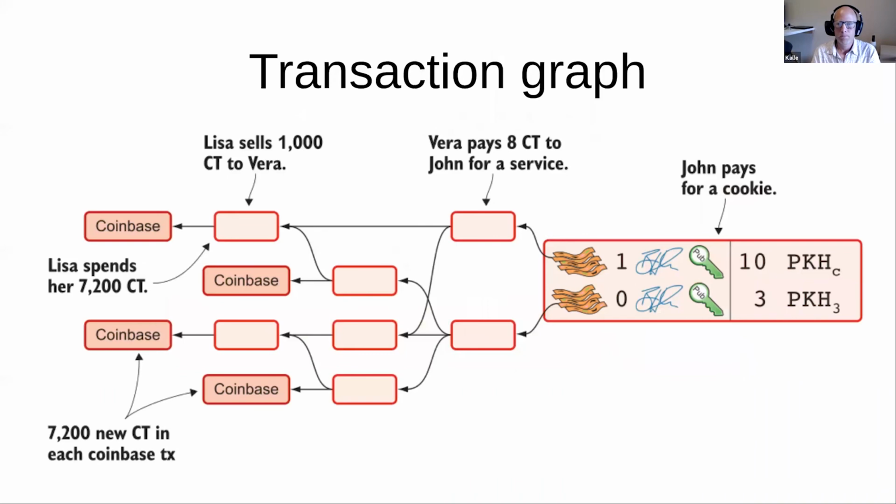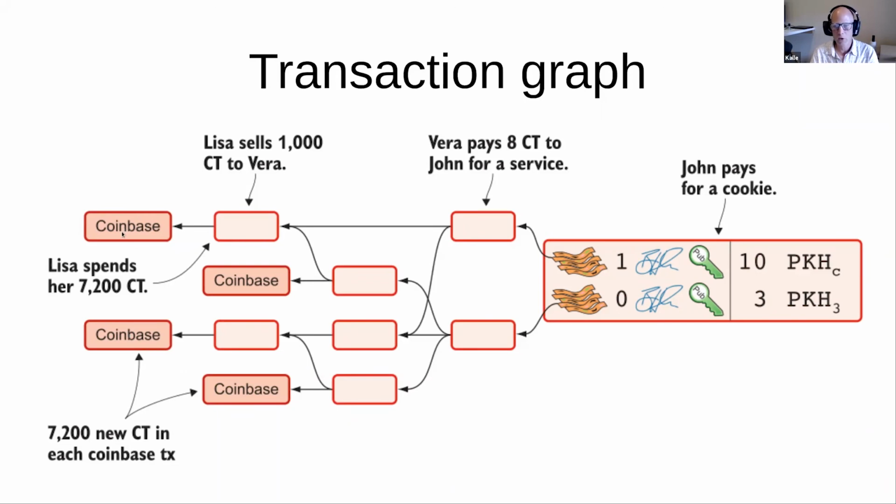So looking at how transactions are organized, a transaction spends previous transactions. And this will form a graph of transactions like this. So you have a transaction graph, and each input can be traced back to one or more coin-based transactions.